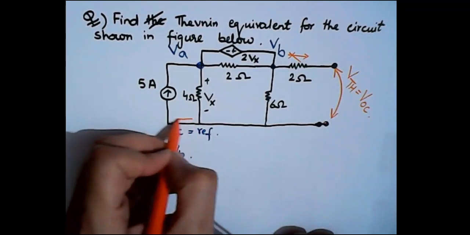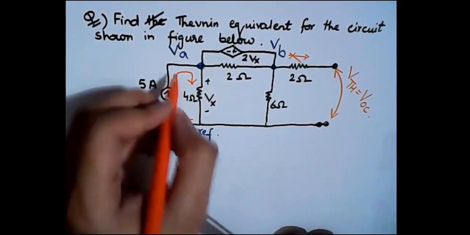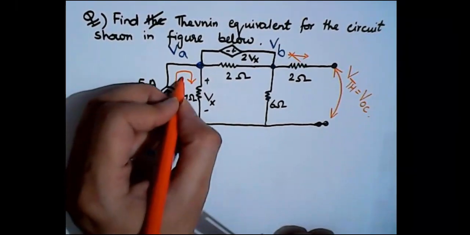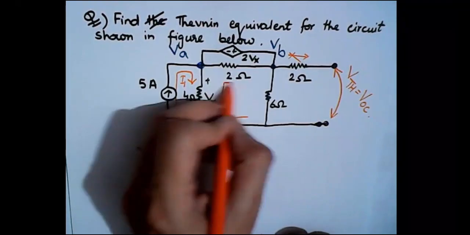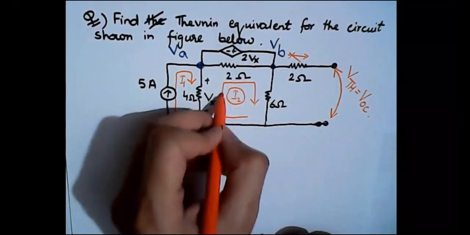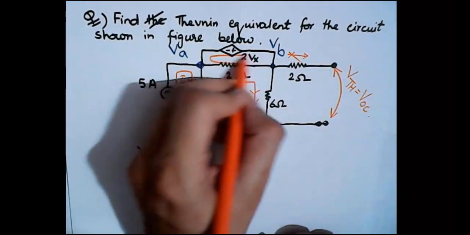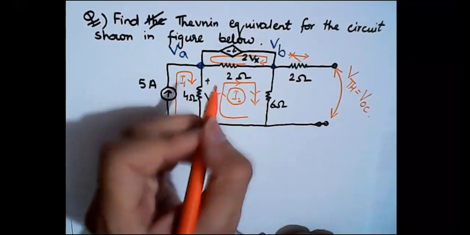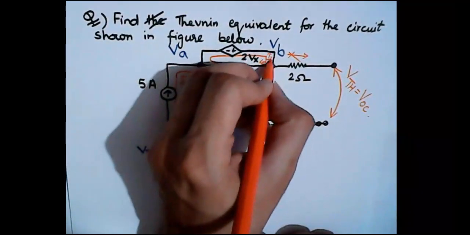So the first thing I need to do is define loops in the circuit. This is, let's say, I1 here. This is, let's call it I2. These are the directions, and this is I3.